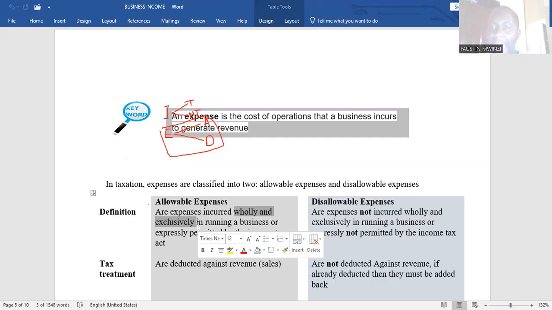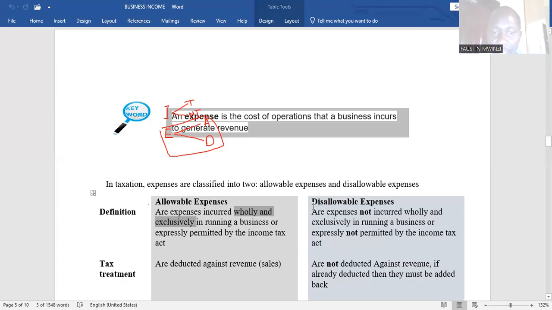That expense is incurred 100%, so to speak, for the purpose of that business. The owner has no reason to incur that expense except for the purpose of making profit. Otherwise, the profit cannot be made if that expense is not incurred. Therefore, we judge that that expense is incurred wholly and exclusively for purposes of running the business.